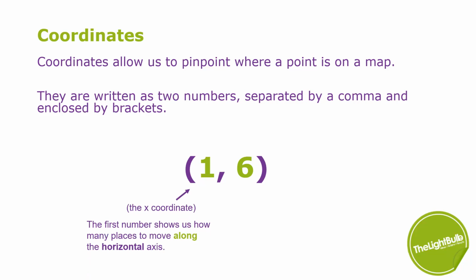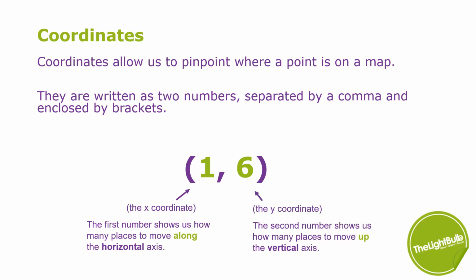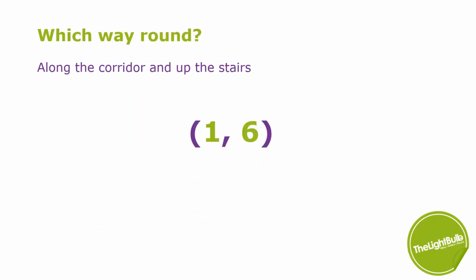So the first number is the horizontal and the second number is the vertical, and they're always written in those brackets as well. To always remember this, there's a useful little saying: along the corridor and up the stairs.